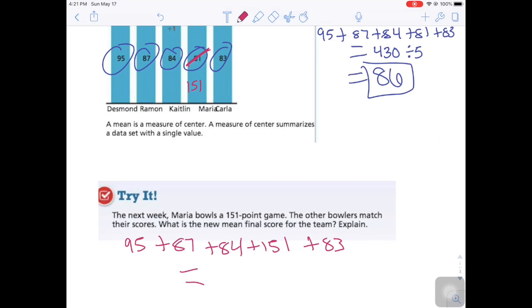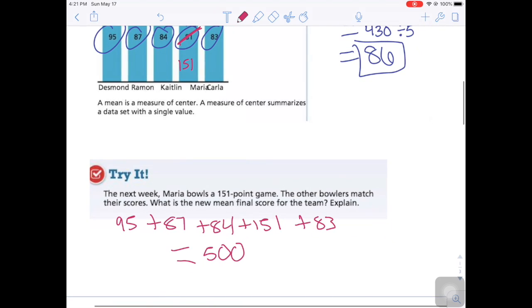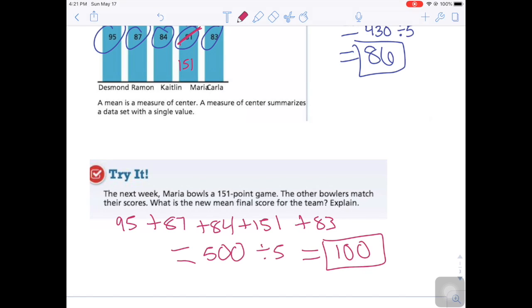So if I add these up, I'm going to get 500. And then there are still 5 data points. So if I divide by 5, my new average is going to be 100. My new mean or my new average is going to be 100.